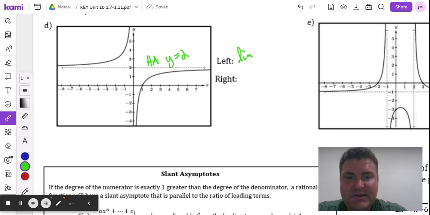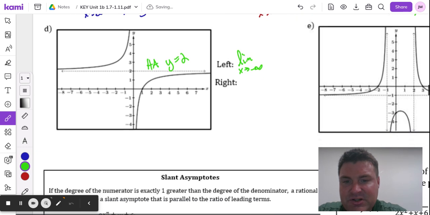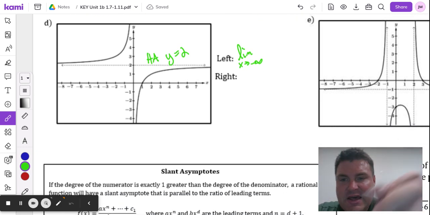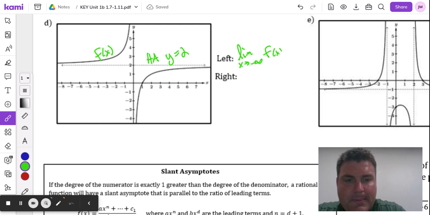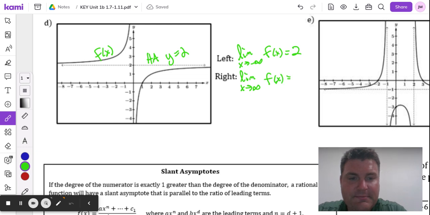So my left end behavior, this function, did they give us a function here? We'll just call this function, I don't know, f of x. I'll label it because I should fix that for the next time we do these notes. And the right end behavior is going to be the same.